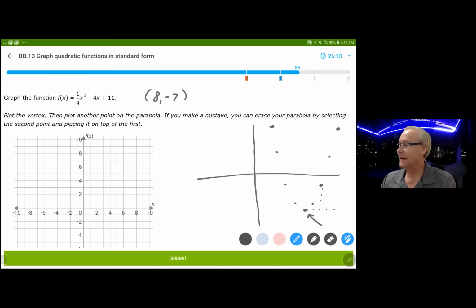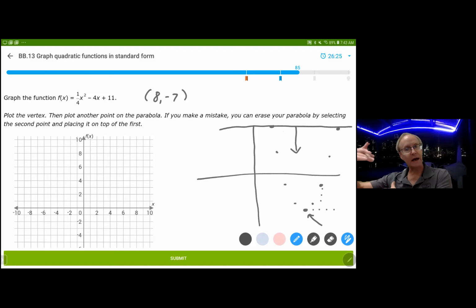Now this is not a standard parabola because it's got a 1/4 in front of it. So what happens is these points right here get compressed to 1/4 as high as they normally would, which means that instead of going to 16, it actually goes to 4.